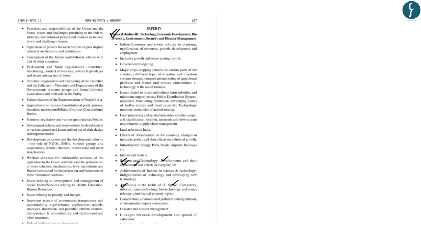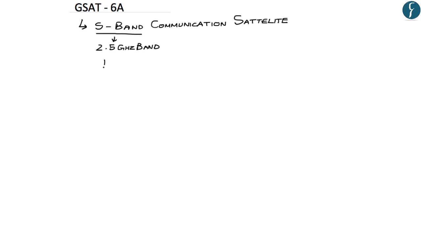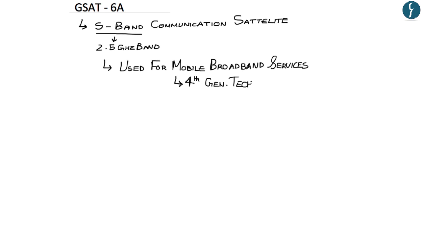Now let us understand about GSAT 6A. GSAT 6A is an S-band communication satellite, wherein the term S-band refers to the 2.5 GHz band, and this band is mainly used for mobile broadband services, such as for 4th generation technology like WiMAX, long-term evolution technology, among others.